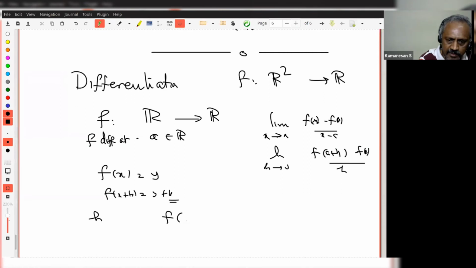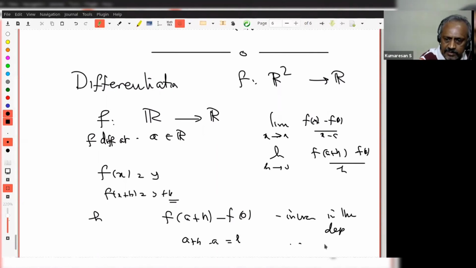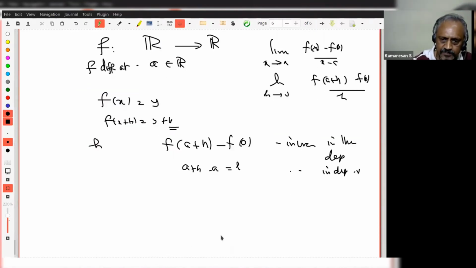That is, f(a plus h) minus f(a) is the increment in the dependent variable, and a plus h minus a, which is h, is the increment in the independent variable. The variable is y, namely f(x), that depends on x. That is why it's the dependent variable. x is independent. I can put any x there. This is h.